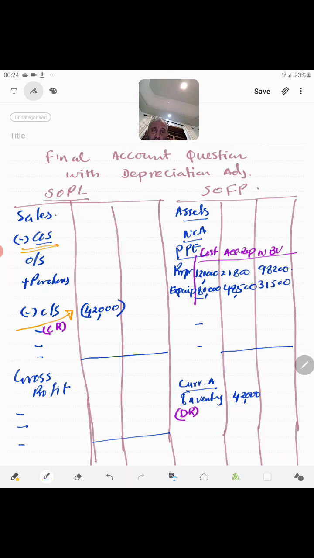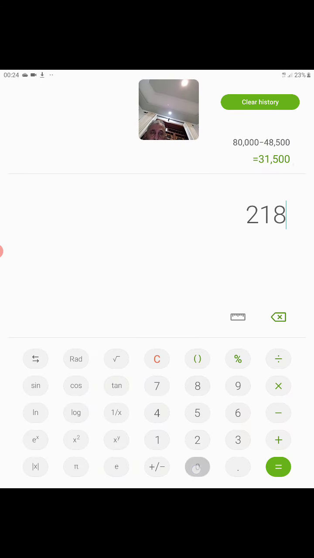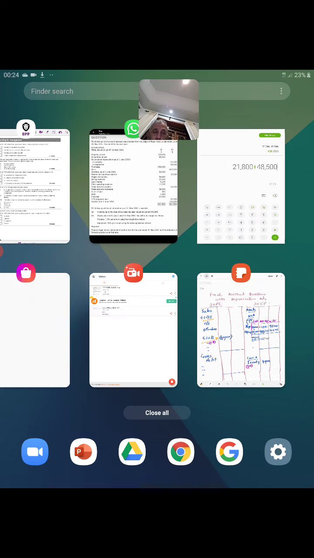So we can now take this total here, 200,000, and 21,800 plus 48,500, which is 70,300.